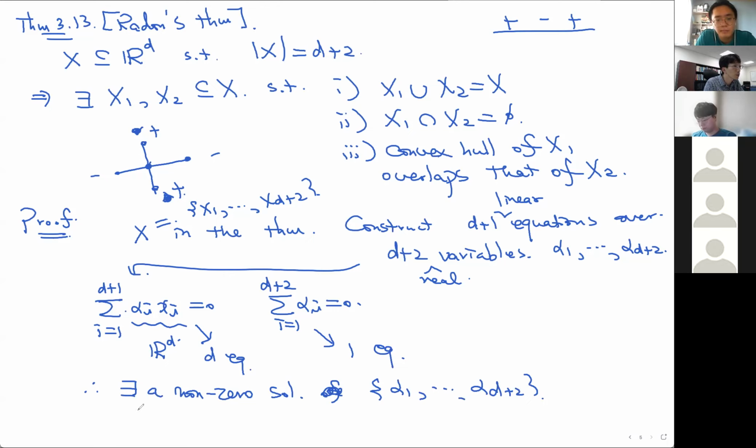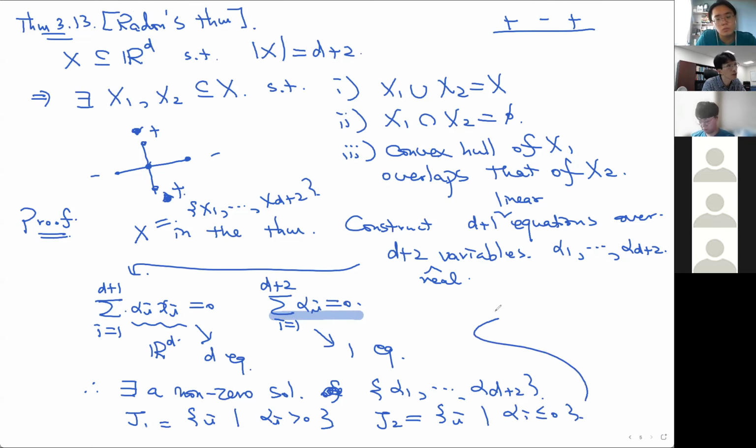Now we pick only those which are positive. Because the solution is non-zero and the sum is equal to 0, there must be something which is positive and something which is negative. So we define J1 to be the indices such that alpha_i is positive, and J2 the indices where alpha_i is negative.